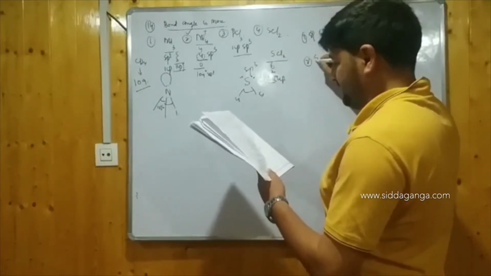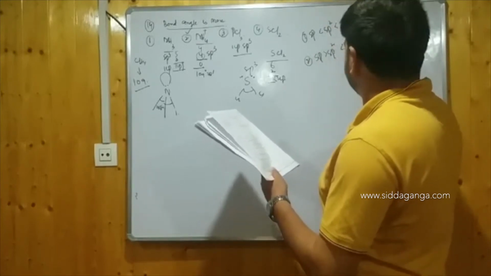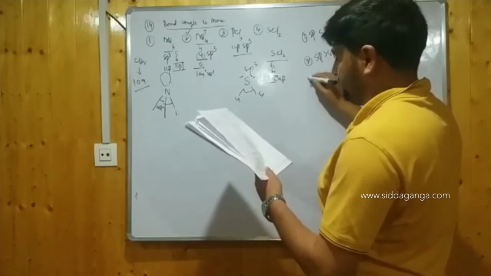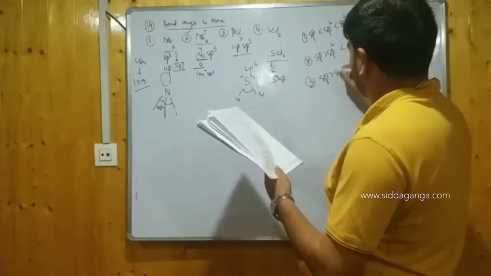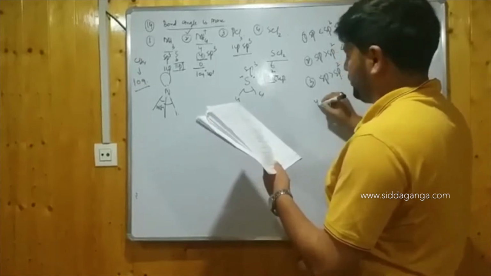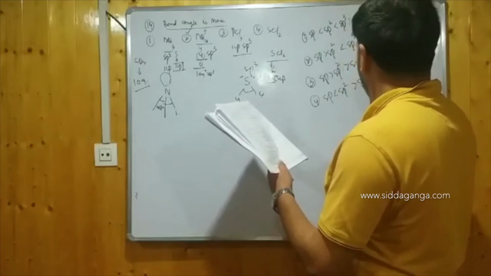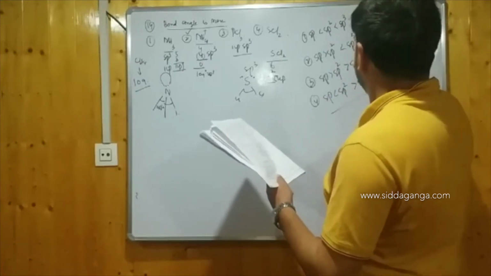Second option, sp more than sp2 less than sp3. Option 3, sp more than sp2 more than sp3. And option 4 is sp less than sp2 more than sp3. Clear? These are the 4 options given.